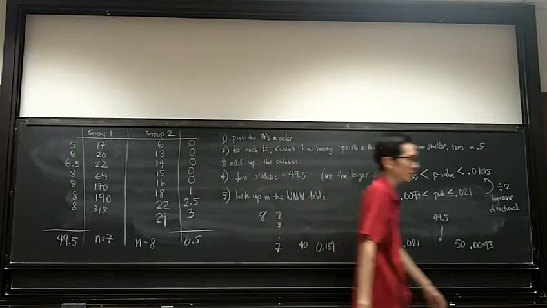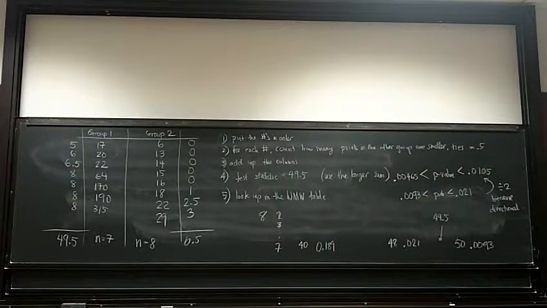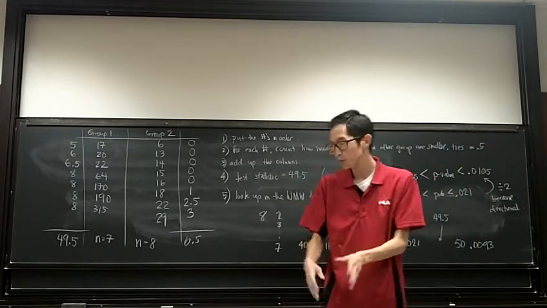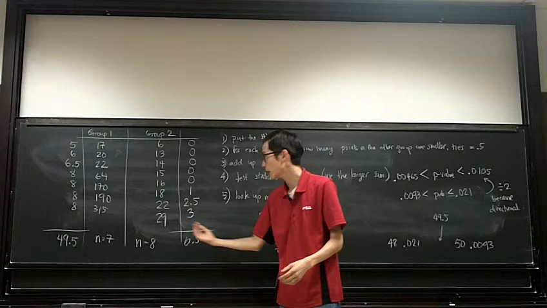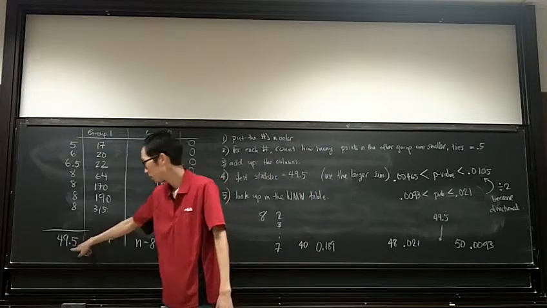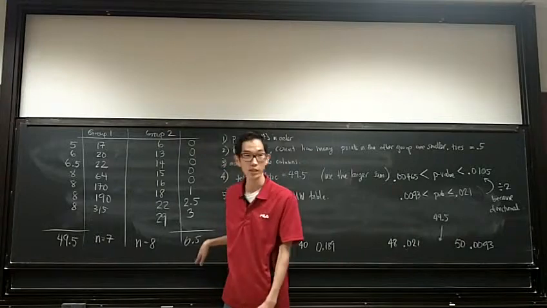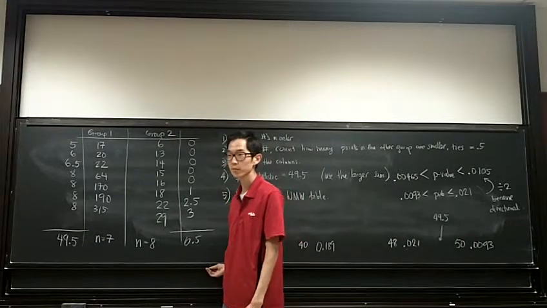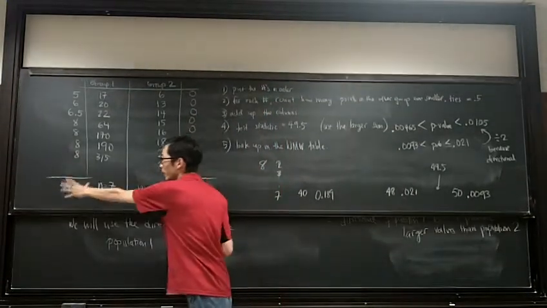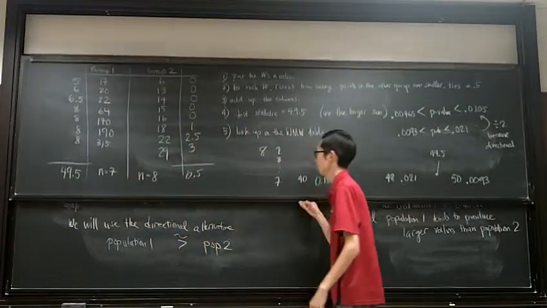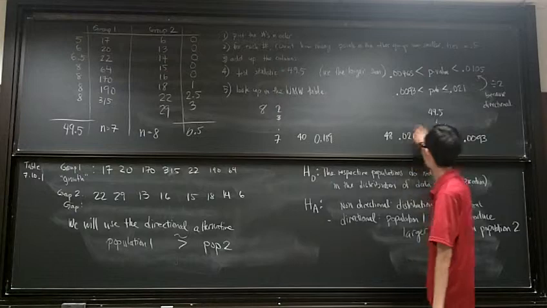I could illustrate this with a deck of cards, things like that. It's just if we were to randomly assign the teams, how often would we get a ranking like this? The probability of this happening just by random assignment of teams is very small.